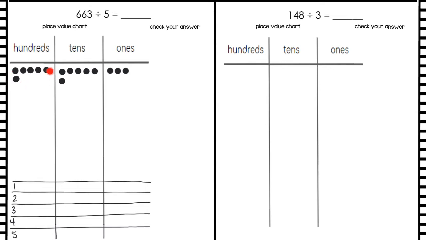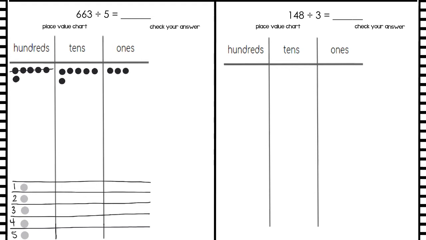So we have 600s. Can we split 600s into 5 groups? Yeah, we can put 1 in each group. 400, 500. So we have used 500. So now I'm going to cross out 500.